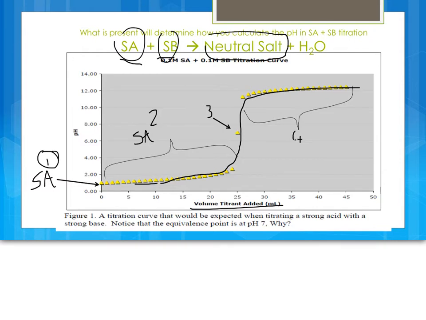Because they are stoichiometric quantities, all of that acid and the base have been consumed to produce a neutral salt. And a neutral salt is just that. It's neutral, pH 7. And so in region 3, the only thing that is present is the neutral salt.